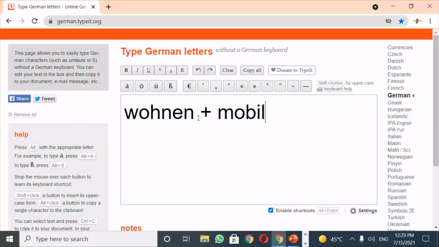Wohnen is a verb which I have mentioned in one of my YouTube shorts also, which means to live. And mobile is anything that is mobile or moving, as we say in English. From this comes the noun das Wohnmobil. So part of the verb is taken and this adjective moving, a vehicle in which you can live, also becomes das Wohnmobil.